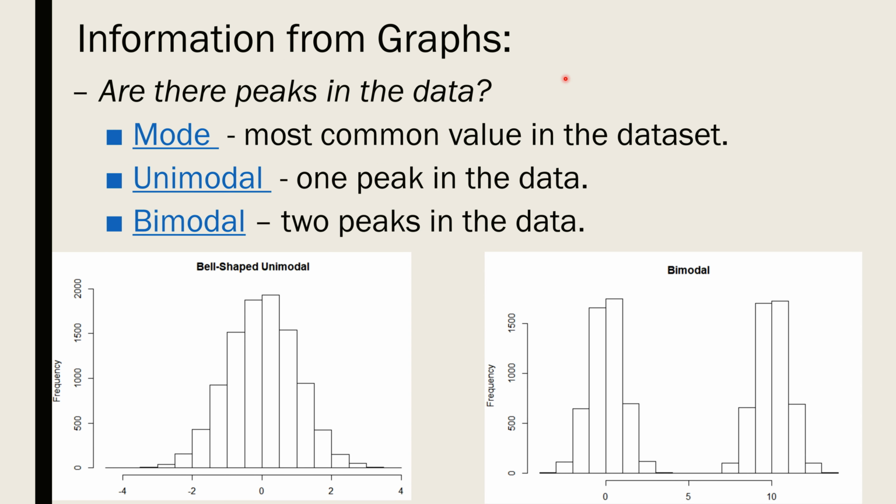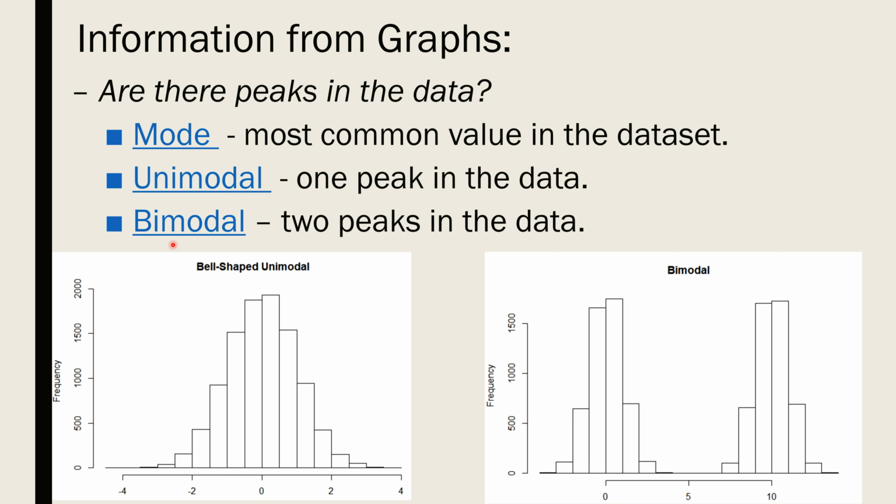There is some information from graphs that needs extra attention. First, are there peaks in the data? The mode is the most common value in the dataset. A graph is called unimodal if there is only one peak in the data.